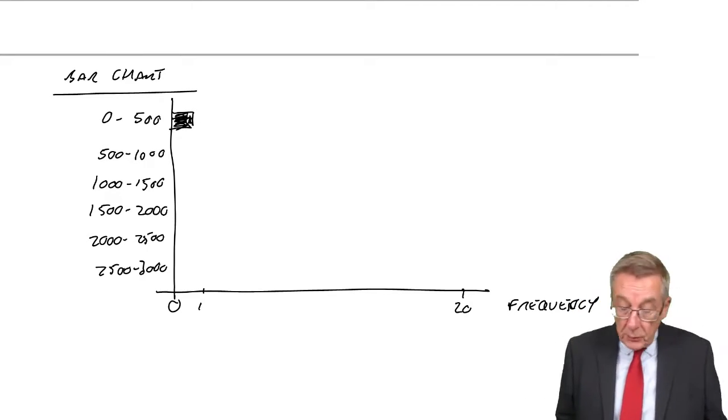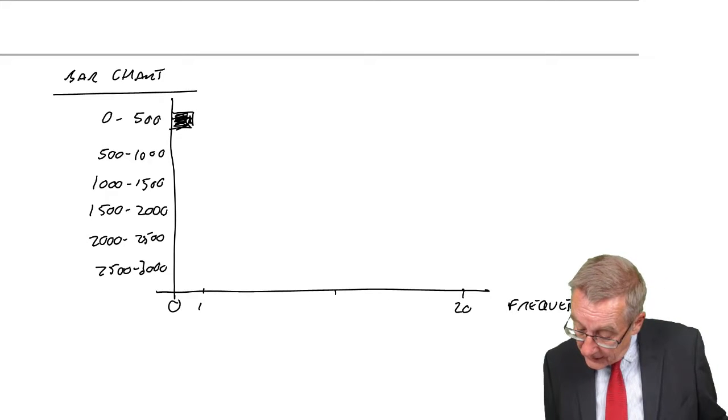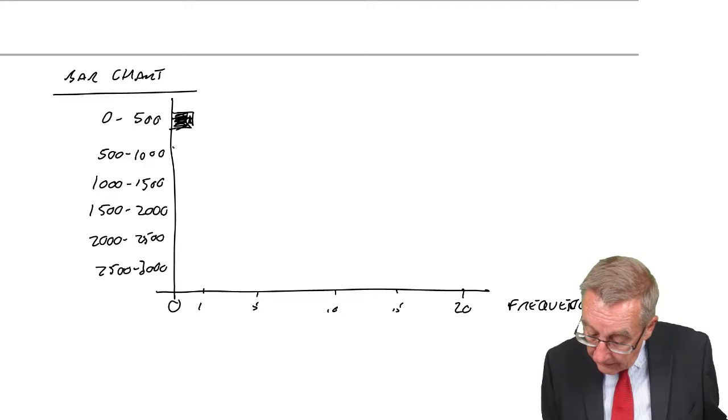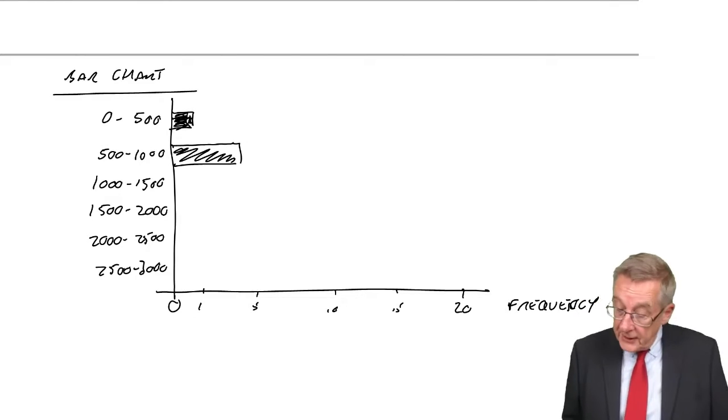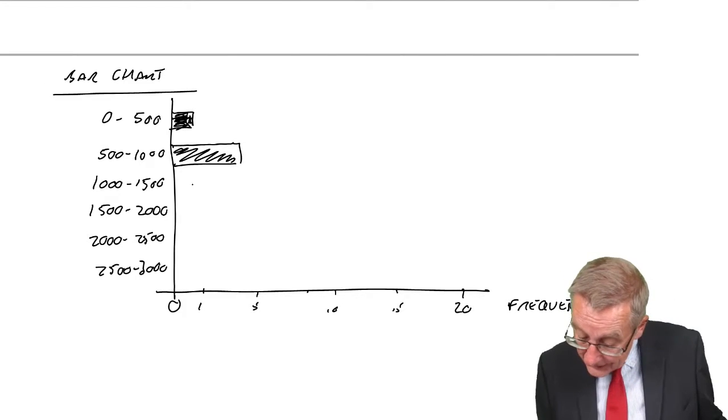500 to 1,000 was 4, so there's 5, there's 10, there's 15. So we'll do a bar 4 units long. 1,000 to 1,500 is 8, which is about there.